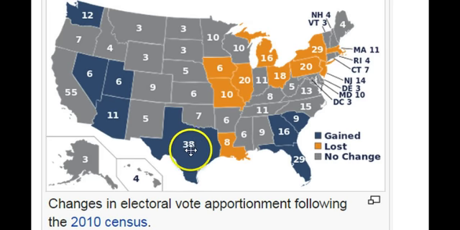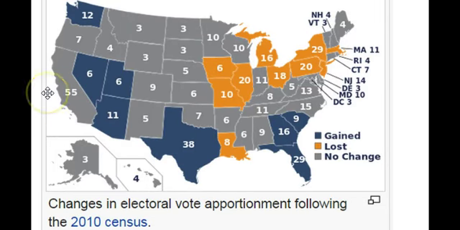So now, before there were 34 electoral votes, which means that Texas had 32 representatives plus its 2 senators. Now Texas is up to 36 representatives plus its 2 senators, so it gets 38 electoral votes.